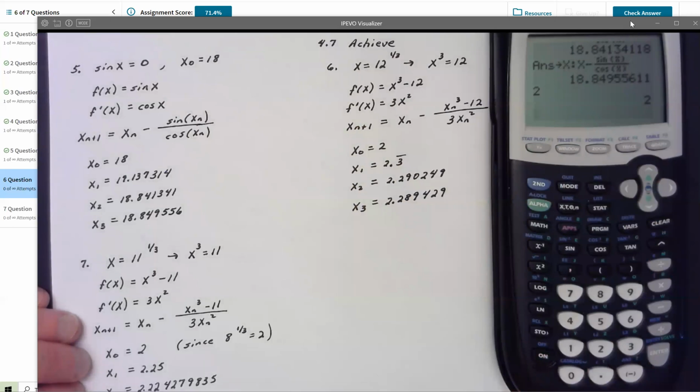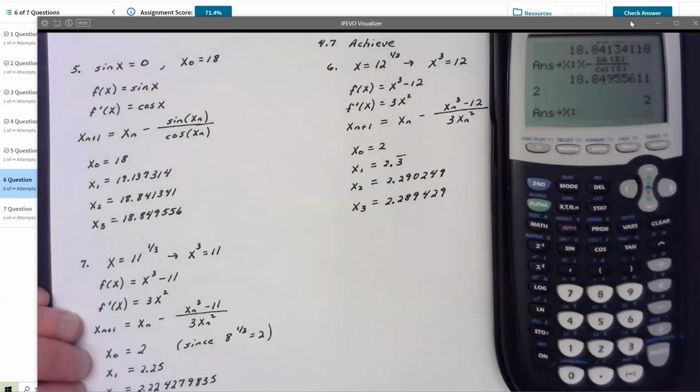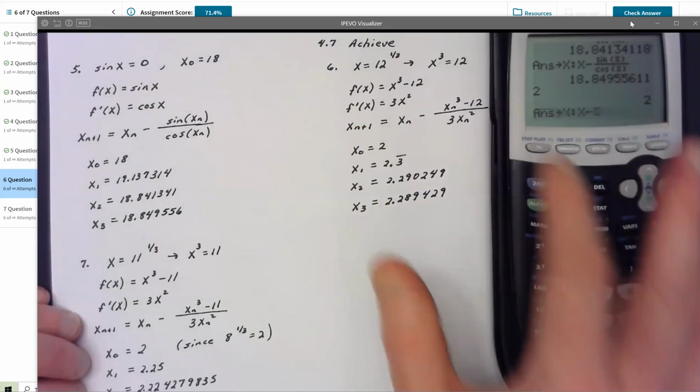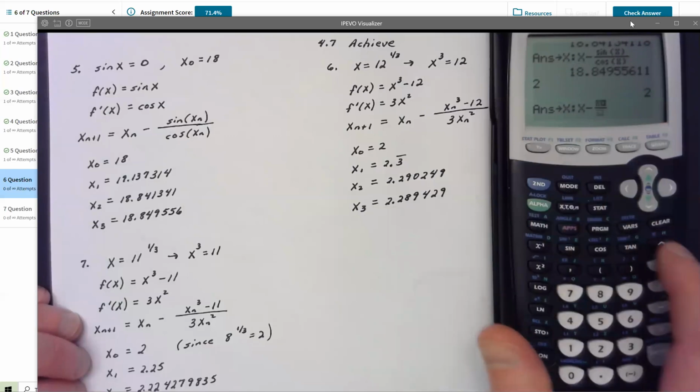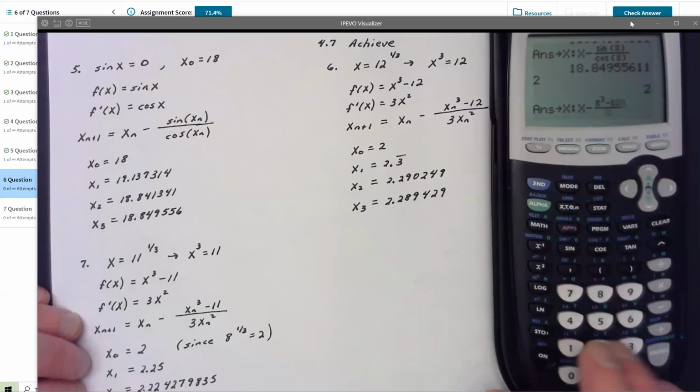And then I store that in for x, hit colon, and then I'll say x minus the fraction, and it is always, always, always f of x, which is x cubed minus 12 in this problem, divided by 3x squared.